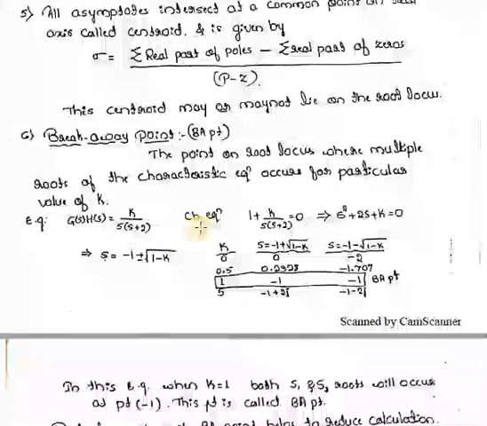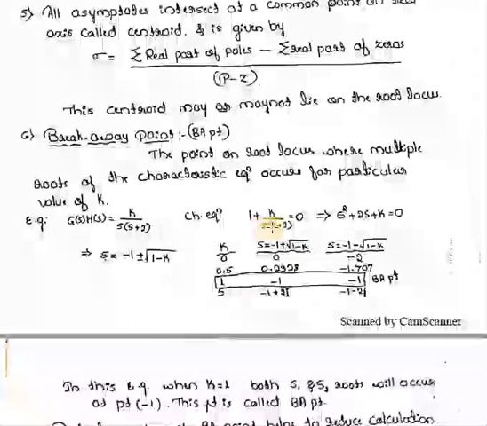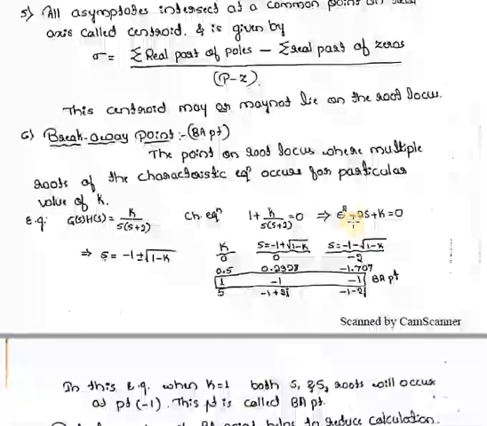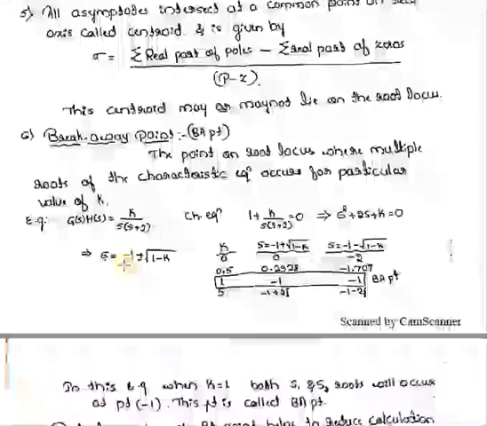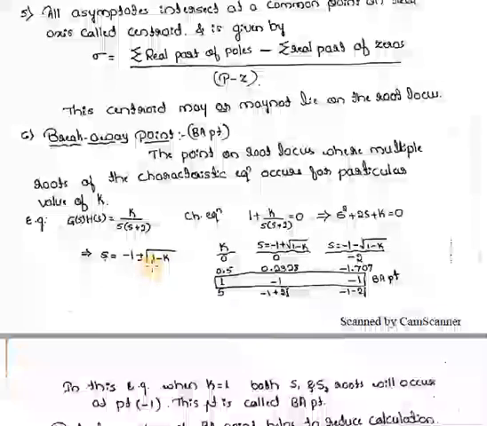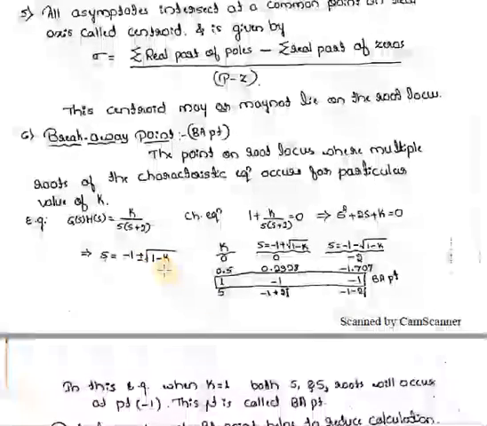Then you can write the characteristic equation as 1 plus k divided by s into (s plus 2). If I simplify that, I get s square plus 2s plus k equals 0. From this I can get the roots, that is s equals minus 1 plus or minus square root of 1 minus k.